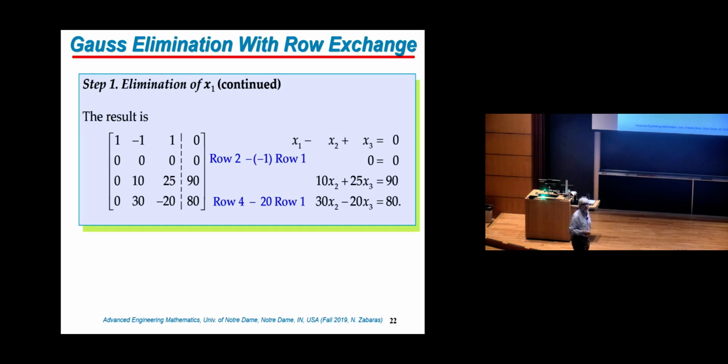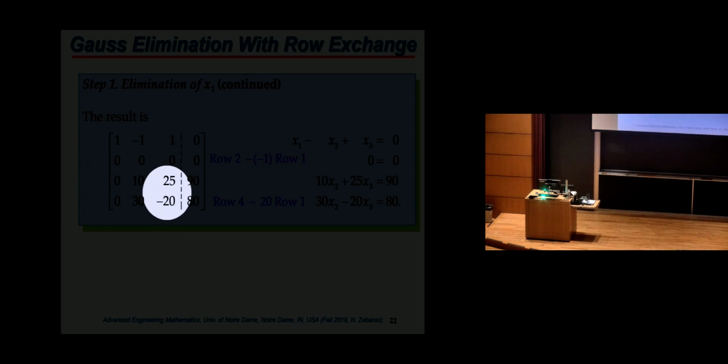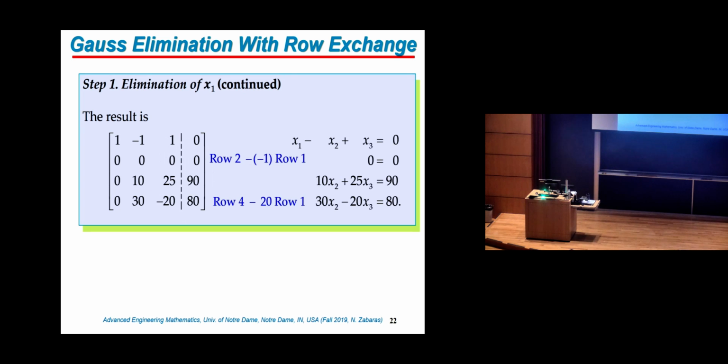So what do we do next? We cannot continue like that. We have to do something else now. Put this equation on the bottom, and put the third row and fourth row as the second and third rows of the system of equations.